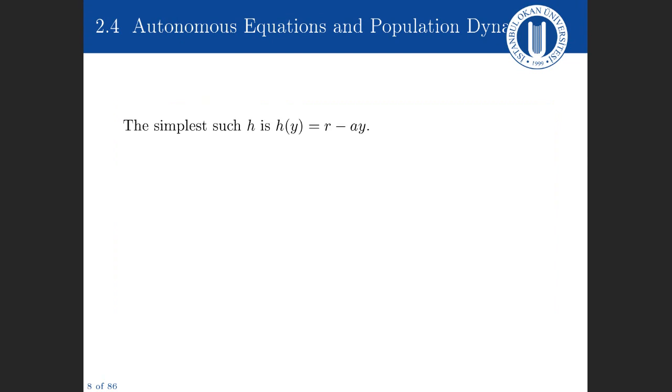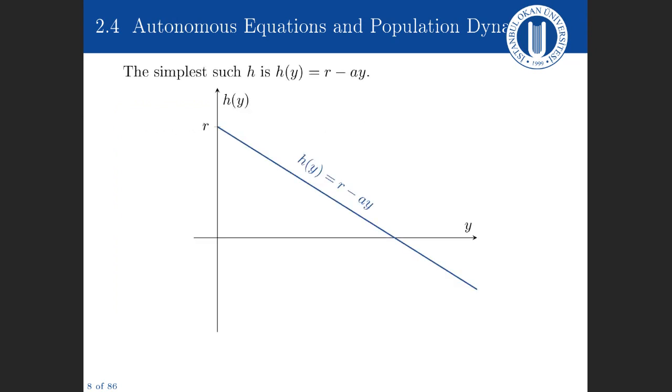The simplest function h which satisfies these properties is h equals r minus ay, which looks like this. If y is small, the function is approximately equal to r. As y increases, the function h decreases, and if y is big enough, h is a negative function.